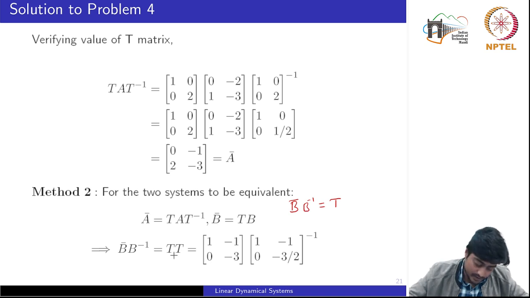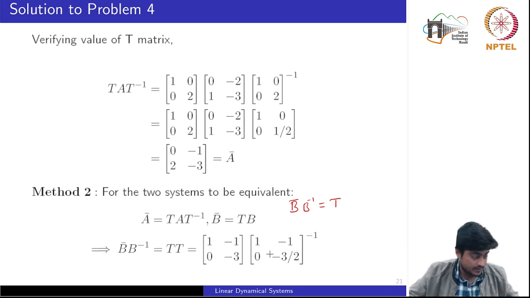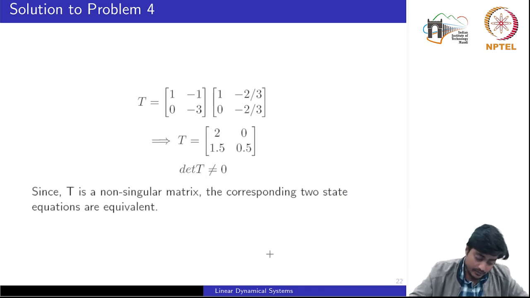And this is what we have done here. So it should be B bar B inverse is equal to T. After simplifying, we obtain this T matrix. Now for the singularity, you can verify that the determinant of this T matrix is not equal to 0, meaning that it is non-singular.